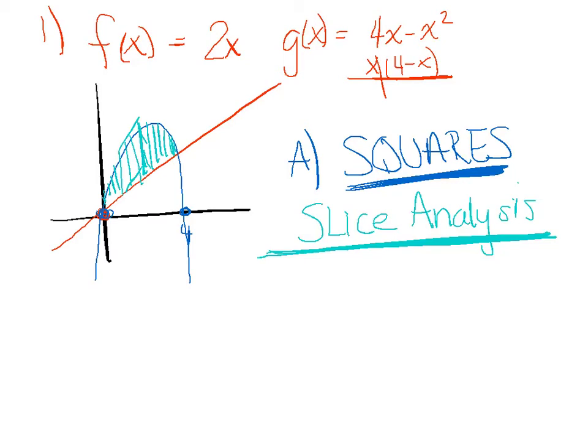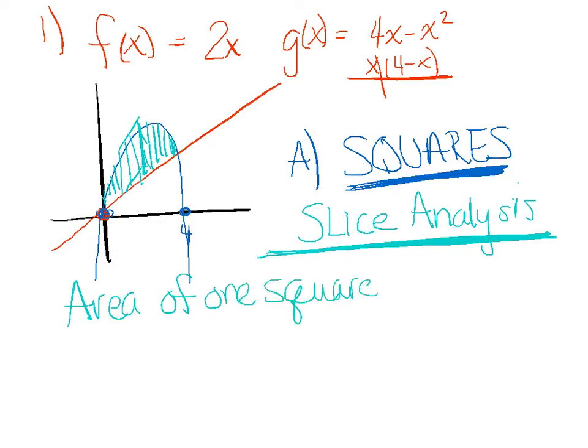Basically you're saying, if you can find the area of one of these squares, and then I'm going to add up all the squares that fit in there, so I'm going to integrate from a to b the area of that one square, and that will get me the total volume of the shape. That's what we've been talking about all year with integrals. You find the area of one, and then you add them all up, integrating, to get the total volume.